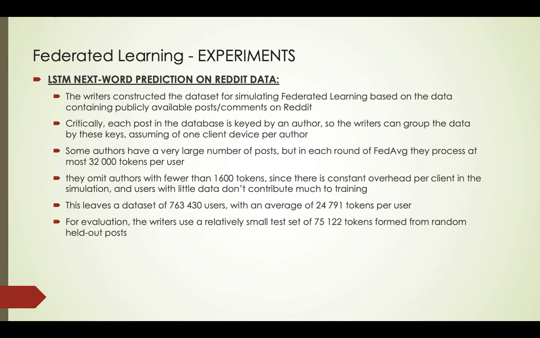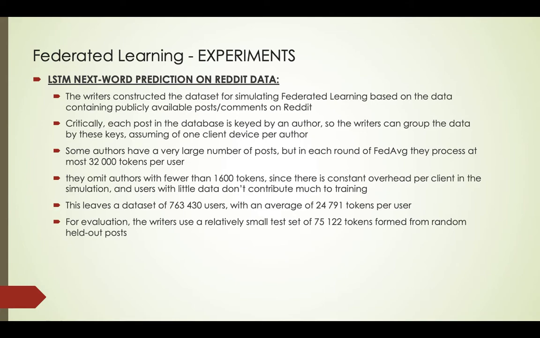LSTM next word prediction on Reddit data. The writers constructed the dataset for simulating federated learning based on the data containing publicly available post comments on Reddit. Critically, each post in the database is keyed by an author, so the writers can group the data by these keys, assuming one client device per author.